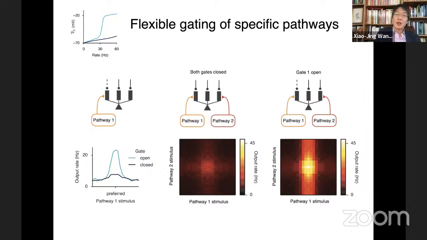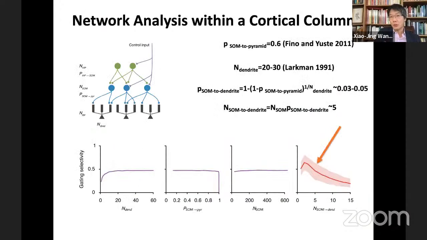You might say, okay, this is a made-up structured model. Does it still work if you use more realistic random projections? So we did some network analysis, assuming completely random projections with the numbers we could find in the literature.